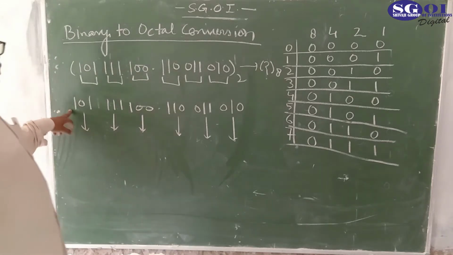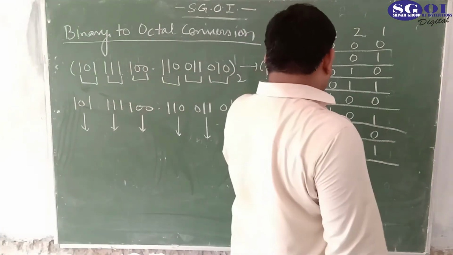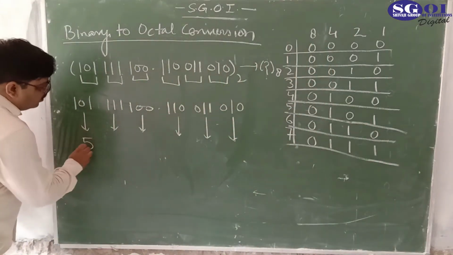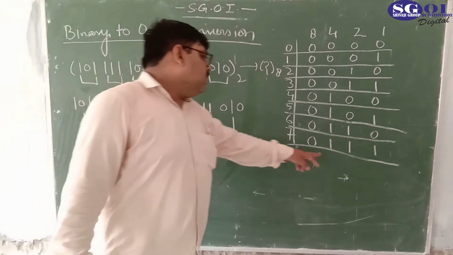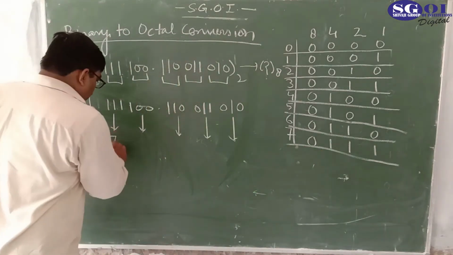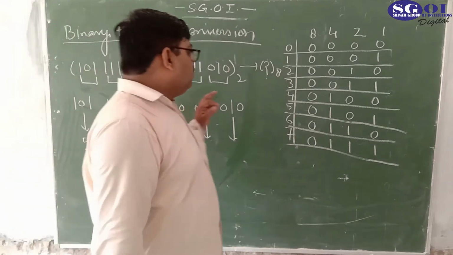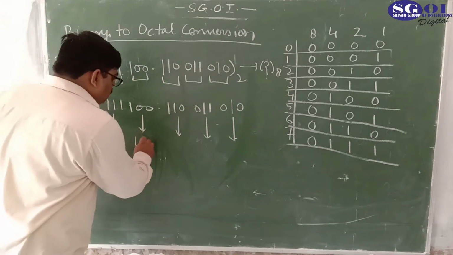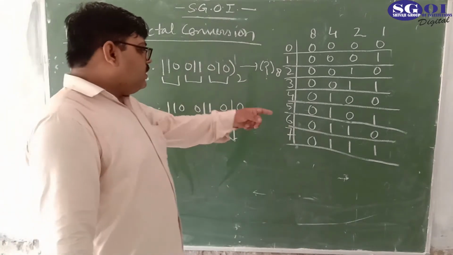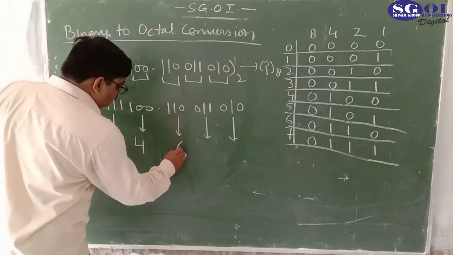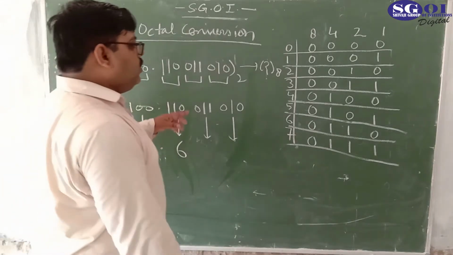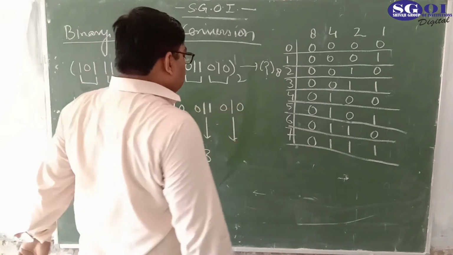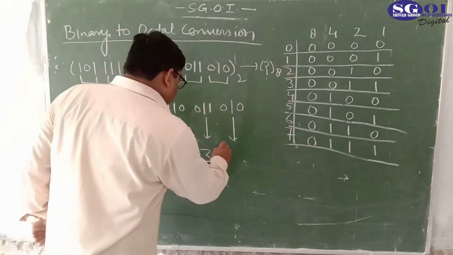What is the value of 101? 5. What is the value of 111? 7. What is the value of 100? 4. What is the value of 110? 6. What is the value of 011? 3. And what is the value of 010? That is 2.